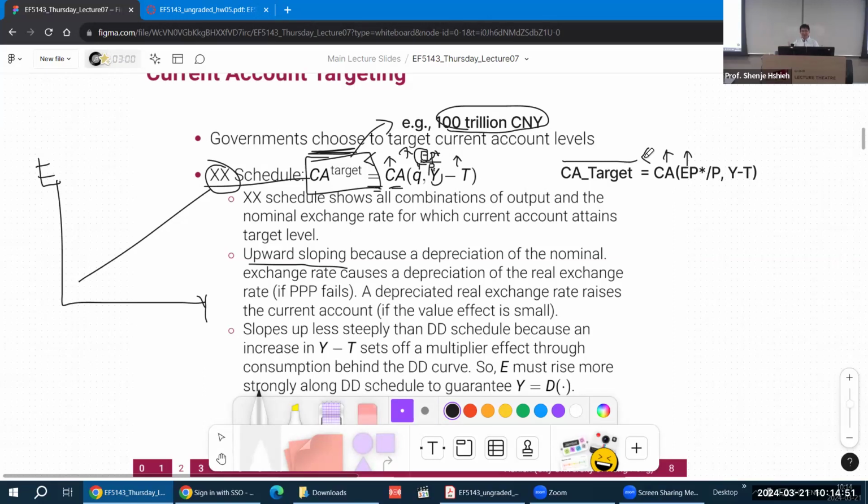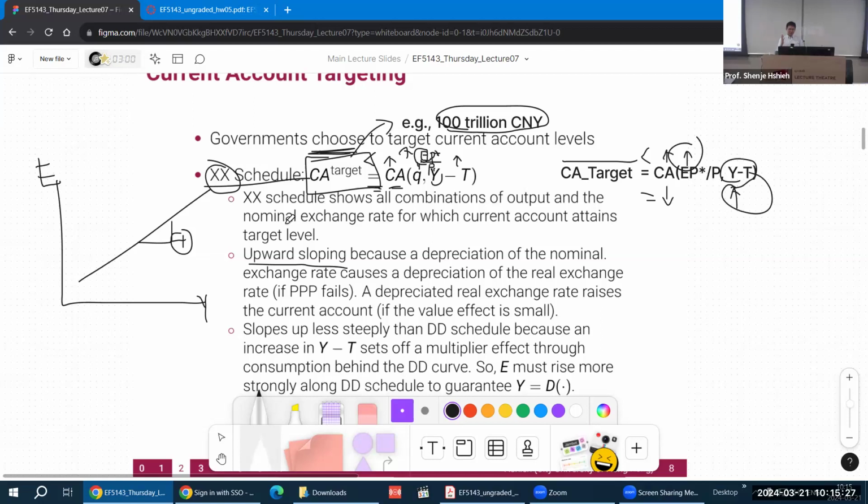We're saying we want to hit our target. So what do we need to do in the other parameter to restore parity? That's only possible if CA goes down, and that's only possible if Y increases, because if Y increases, people are wealthier, they're going to import more stuff, and that's going to decrease CA, and that will allow us to achieve equality. So increase here means positive relationship, which means a positive sloping curve.